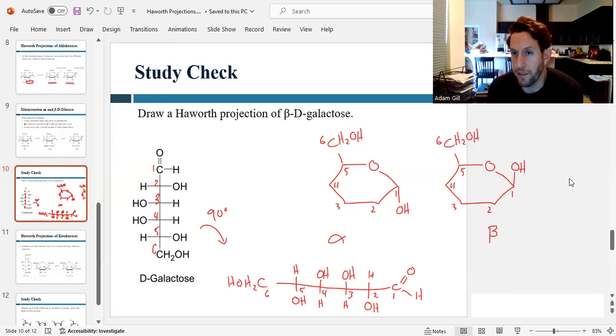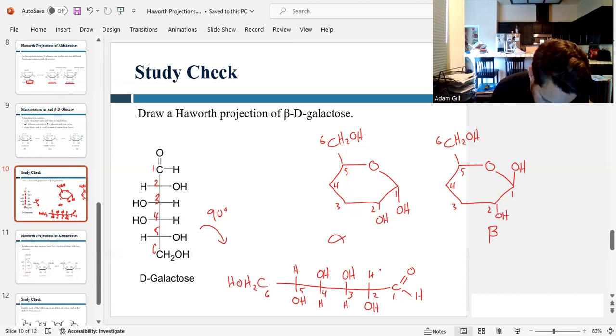Now the only thing we need to do is to fill in the OHs at all of the chiral centers. So carbon 2, the OH is down, so we need to make sure that we draw it down. Carbon 3, the OH was up, so we got to make sure that it's pointed up. And at carbon 4, the OH was up, so we got to make sure that it's up on carbon 4.